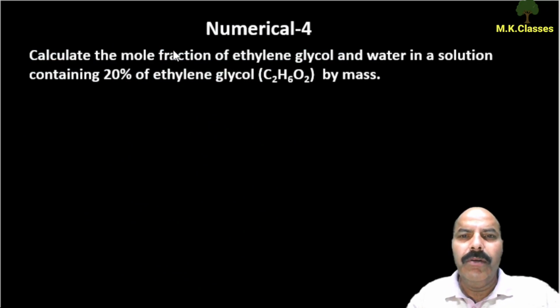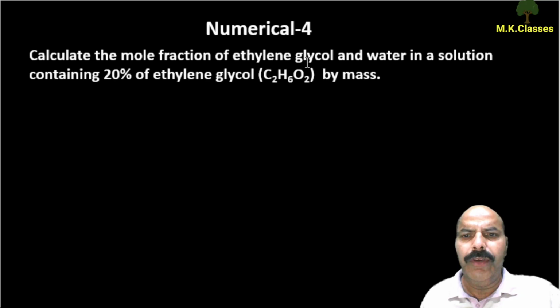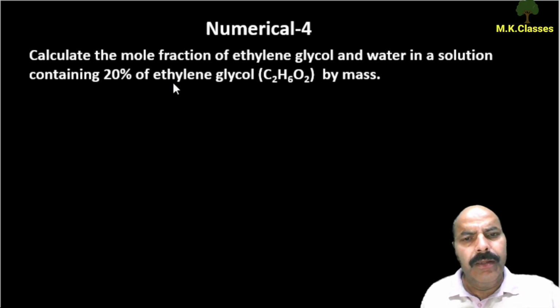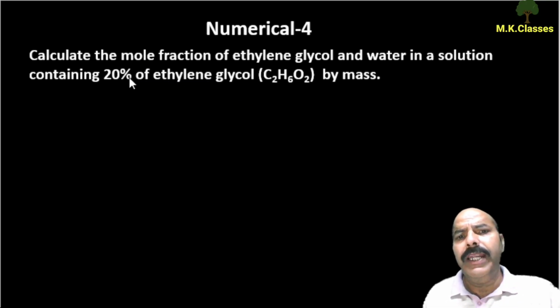Now students, the fourth numerical is: calculate the mole fraction of ethylene glycol and water in a solution containing 20% of ethylene glycol by mass. So bachcho, this numerical is simple. 20% ethylene glycol means 20 gram of ethylene glycol is present in 100 gram of the solution.